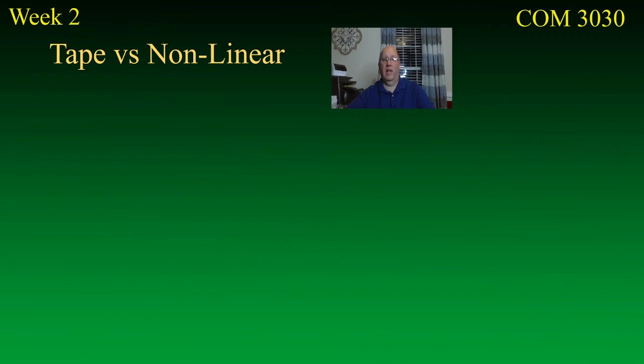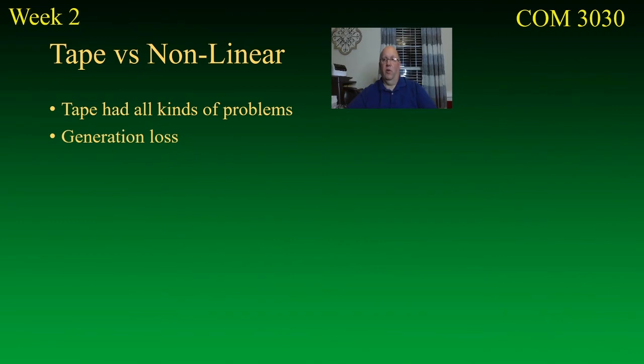Okay, tape versus nonlinear. You are extremely lucky you don't have to work with tape. Tape had all kinds of problems. First of all, you had generation loss. When video was electronic in nature, you basically had an electronic machine creating it and an electronic machine playing it back, and these machines would interpret the signal in their own way.